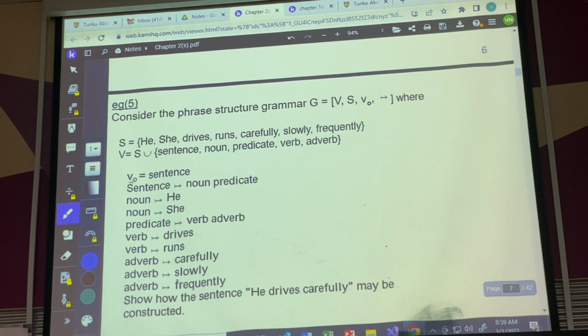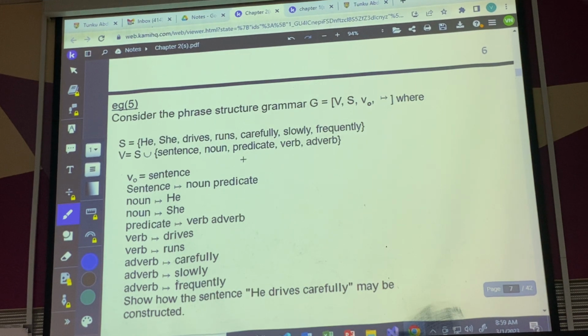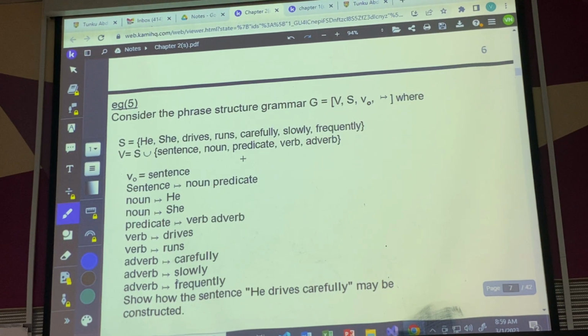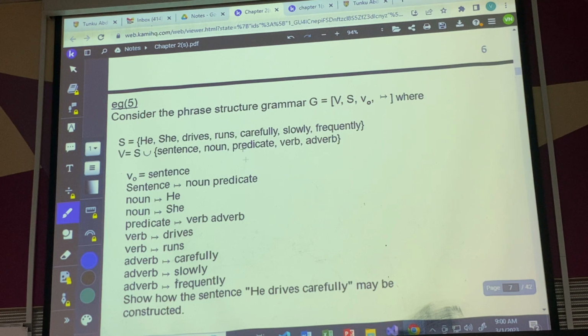So the first one, we start with the sentence, then we will replace the sentence with the noun and predicate, because every sentence we have must have two main components. If you still remember what you learned in your English, you must have two main components, right? One is a noun, one is predicate. So the noun here, you can replace it with he or she. In the set given here, you have two nouns given, he, she. And the predicate, later on, we need to split down to another two components, which is the verb and adverb.